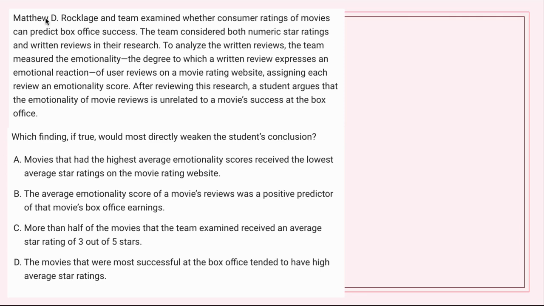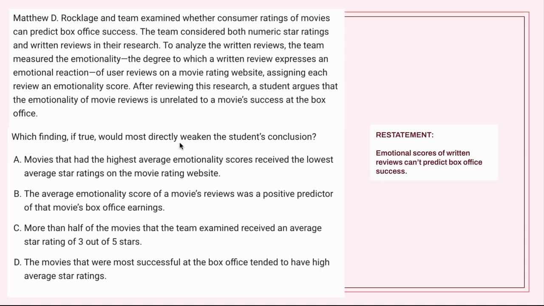Okay, so basically this team is seeing how well reviews can predict how well a movie does, and the student is focusing on the emotionality of movie reviews, or the written reviews. His claim is basically that the emotional scores of written reviews can't predict box office success. So nothing about these written reviews or how emotional they are can tell us how successful these movies are going to be. Okay?